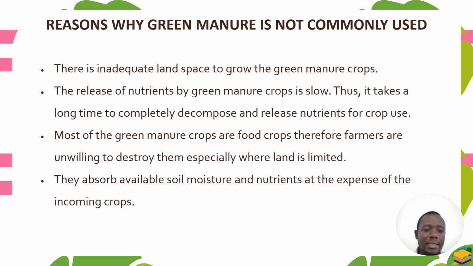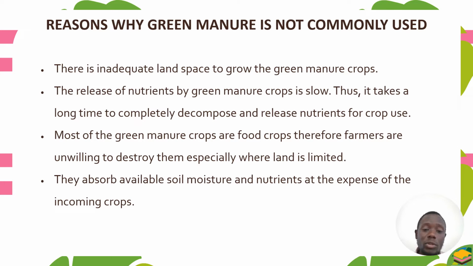The other thing is the release of nutrients by green manure crops is very slow, so it takes a long time to completely decompose and release nutrients for crop use. Therefore they're not preferably used in our country.